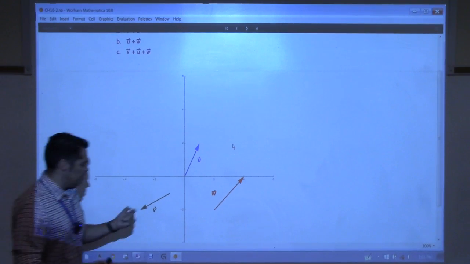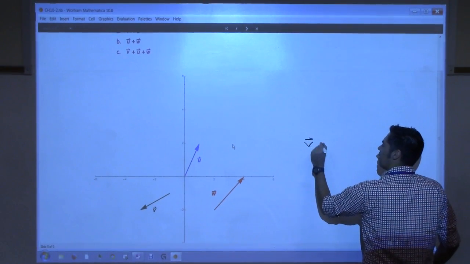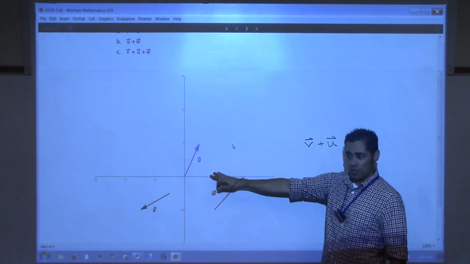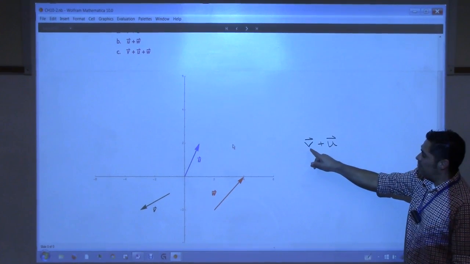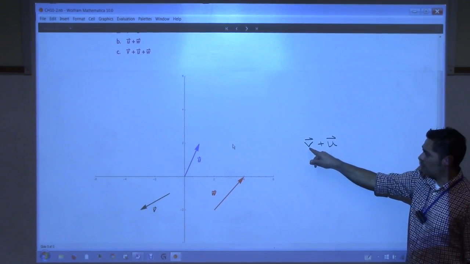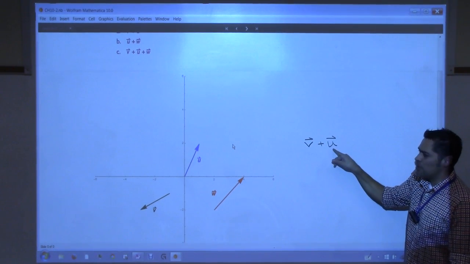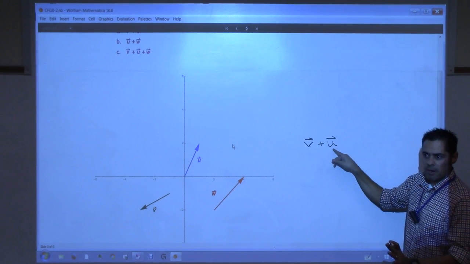If I'm going to do the vector v and add to it the vector u, and all I'm given is a picture of u, v, and w, then what I need to do is take v, leave it where it is, and add to it u.